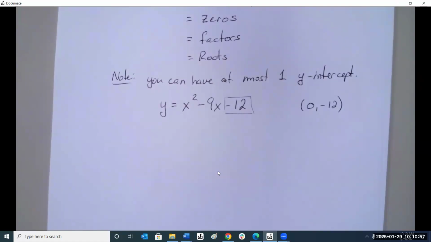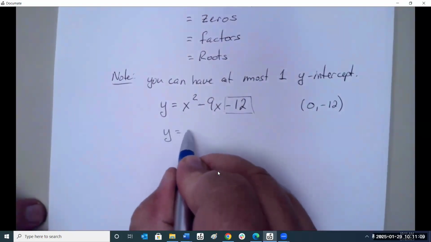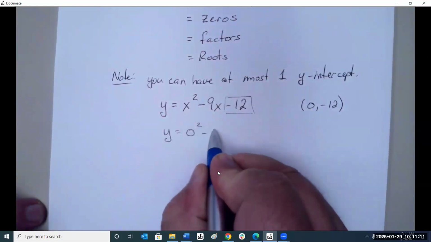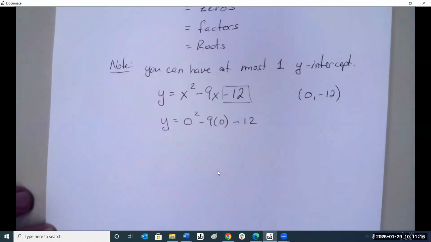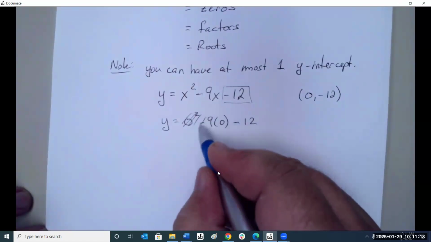Why is that? Think of the steps. How do we find the y-intercept? Set x equal to 0. So if we put 0 in place of x, that disappears, that disappears.